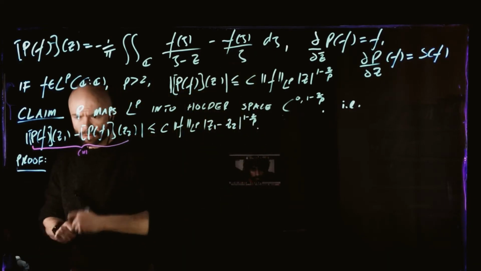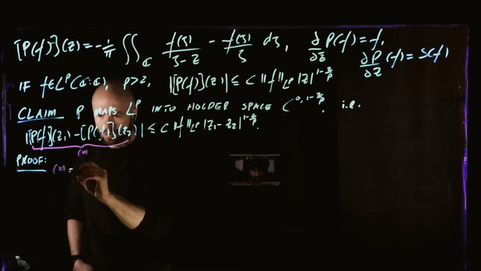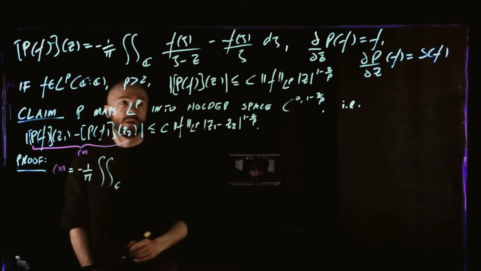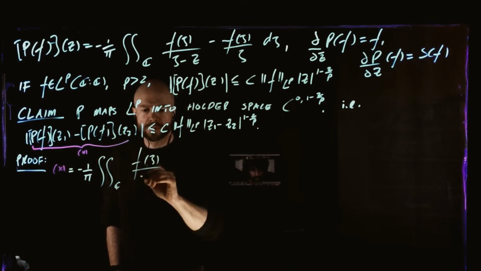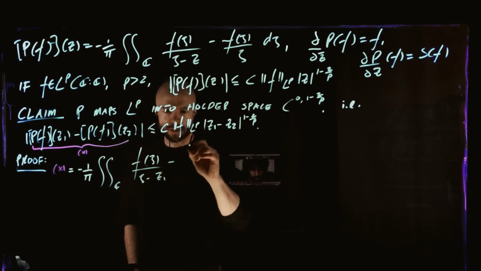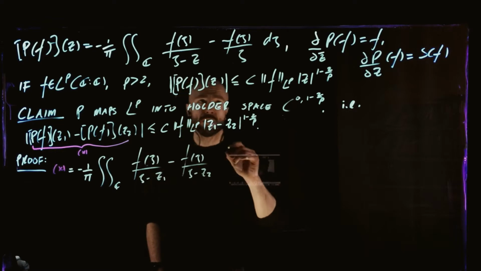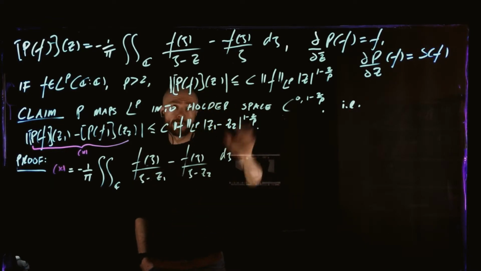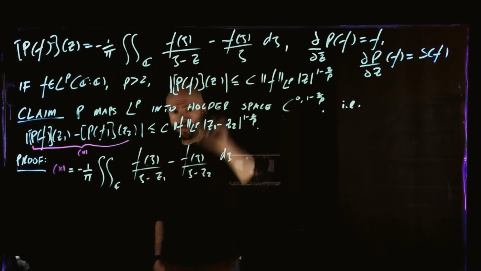So, what we'll have is that star will be equal to minus 1 over pi, a double integral over the complex plane of f of zeta minus z1 minus f of zeta minus z2, d zeta, like this. Yeah? Because again, this thing doesn't care what z is. This part is just a constant depending on f, so it vanishes.